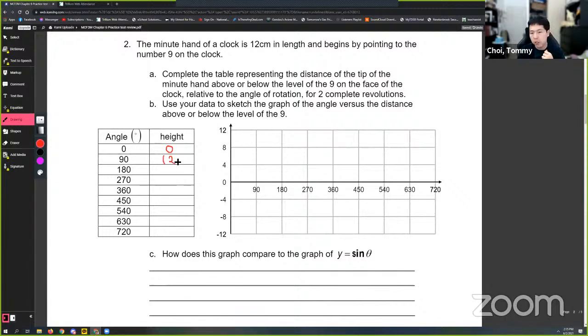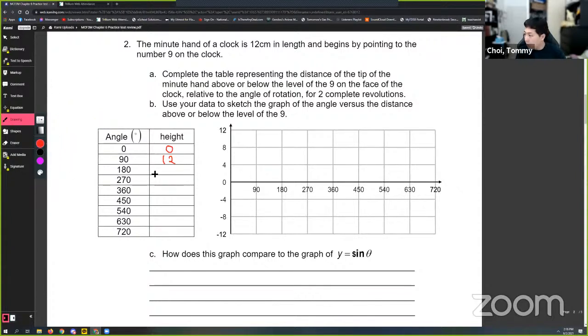Since the minute hand is 12 centimeters in length, it's just 12 centimeters above. So basically what the question is saying is, if there's a clock and 9 is our kind of line, then imagine there was a horizontal line going across and it's measuring the minute hand going above and below this line, right? So at 12 o'clock, the minute hand would be 12 centimeters higher than this horizontal line from the number 9. That's essentially what's happening here.